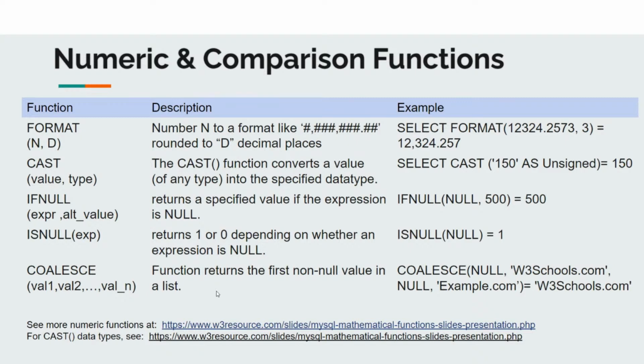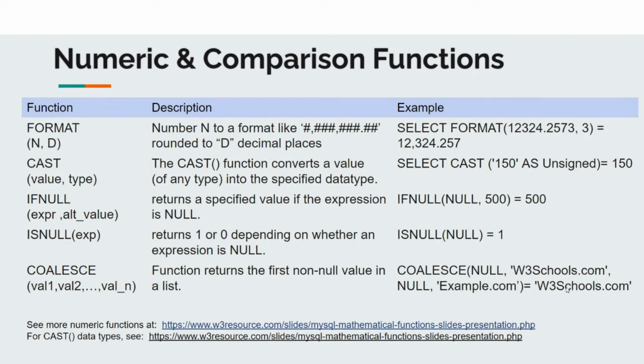And then the coalesce function returns the first non-null value in a list. So if you have these four columns, and the first column was null and the second one along an observation was W3 schools, it returns W3 schools.